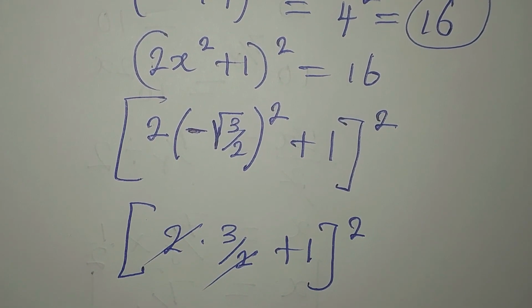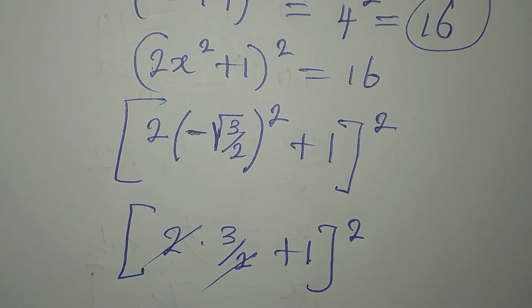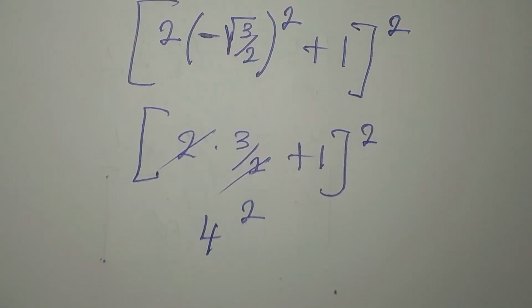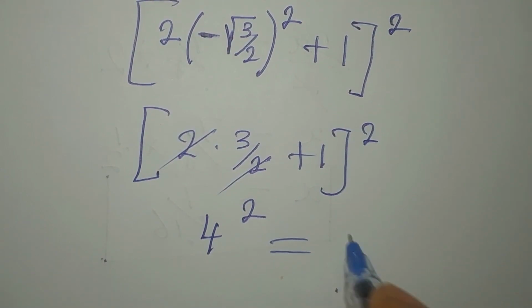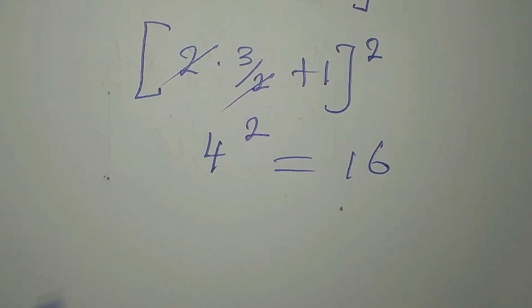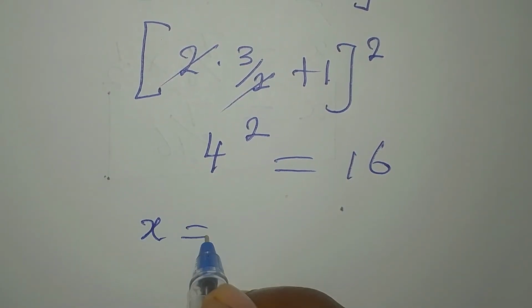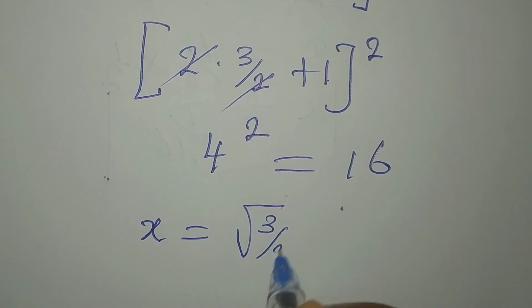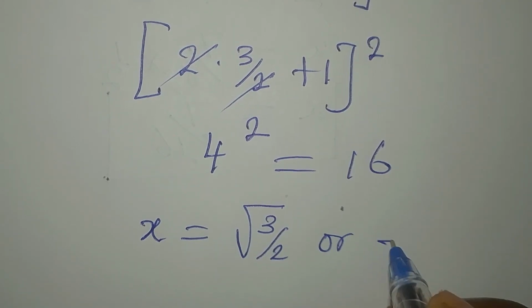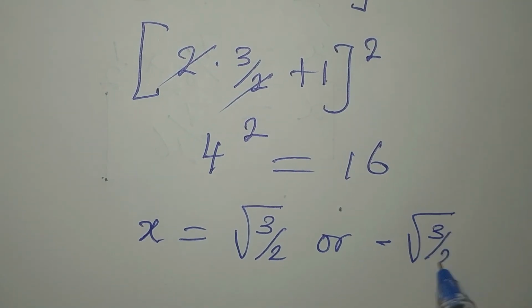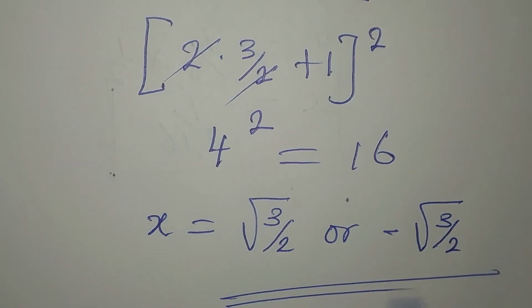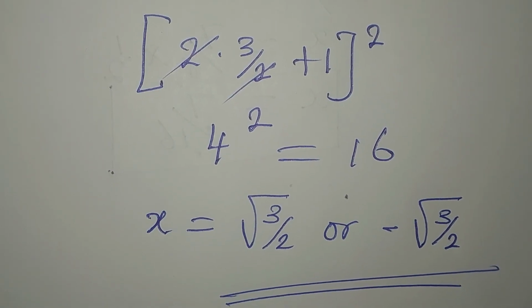This will take this away. 3 plus 1, that is 4. Then we square it, just like this, and 4 squared is still 16. So this is to confirm that our x is truly the square root of 3/2 or negative square root of 3/2. So this has been fully explained.